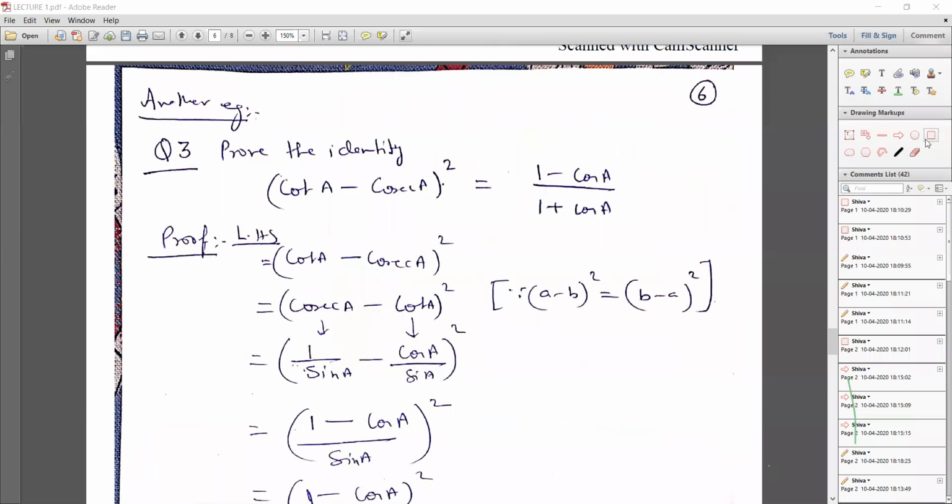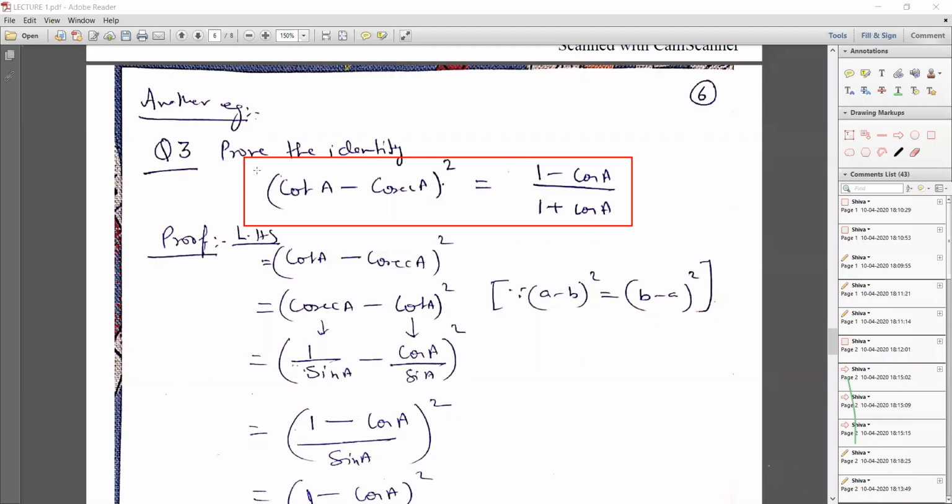Prove the identity (cot A minus cosec A) whole square is equal to (1 minus cos A) upon (1 plus cos A). Siddharth, you can solve by any of the methods.